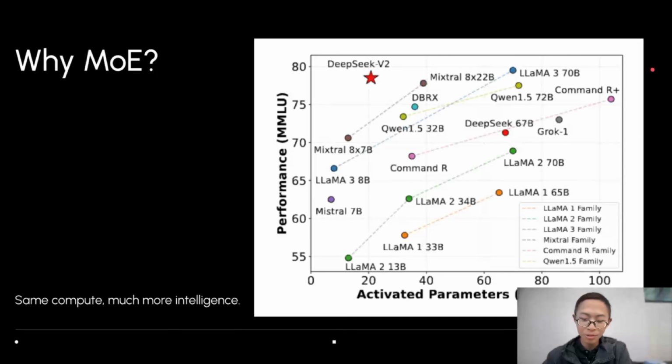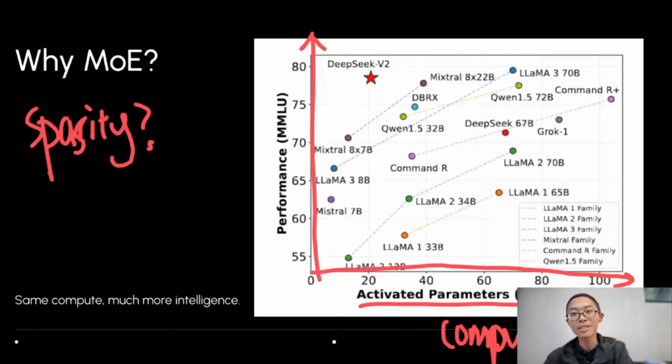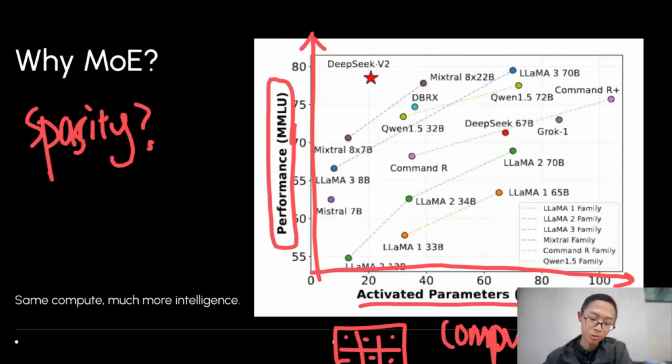Why do we need MoE? So why does this sparsity help? On the graph here, the x-axis is the number of activated parameters, which is compute. The more parameters activated, the more floating point operations are needed. On the y-axis is the performance, say on the MMLU benchmark.